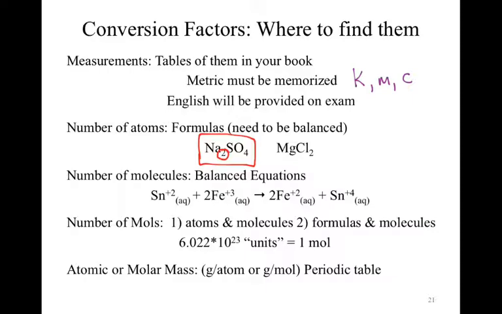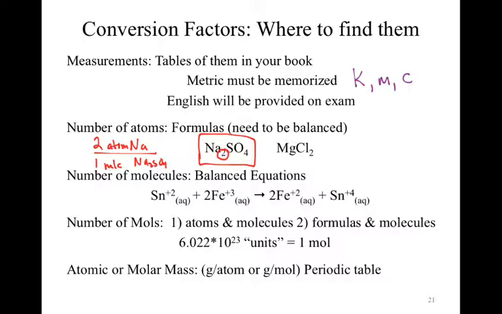So as a conversion factor, if I want sodium atoms and I know sodium sulfate, there is 2 atoms of sodium per 1 molecule of sodium sulfate. There's my conversion factor, that I can now use in any equation.